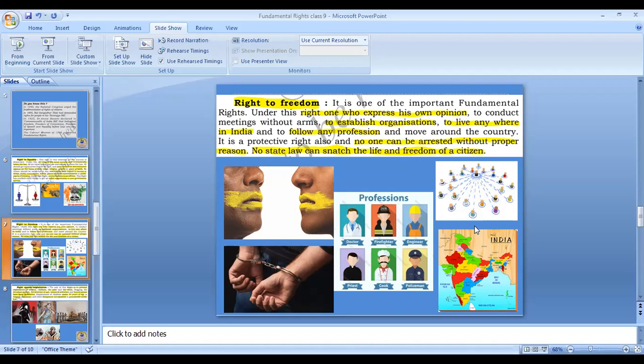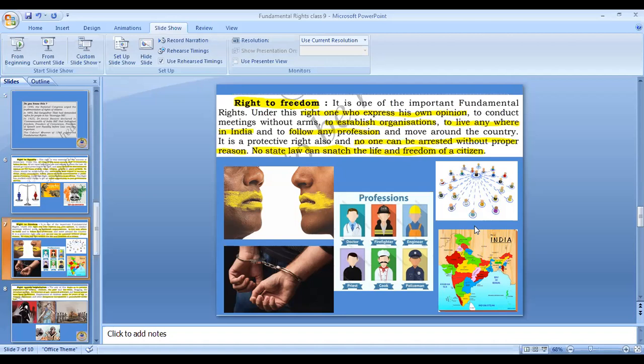Don't get confused about expressing an opinion. When I talk about the right to freedom or right to speak, it doesn't mean that you can scold anybody.